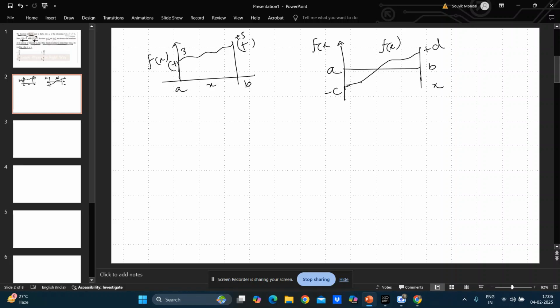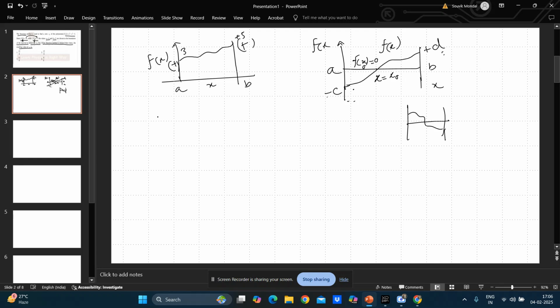So going from minus c to plus d, somewhere in between it should have definitely crossed the point x equal to some point x0 where the f(x) value is 0, f of x0 is 0. So if the sign of f(x) is switching from minus to plus, or from plus to minus, then definitely in this interval the root lies. So it is very clear from the graph.